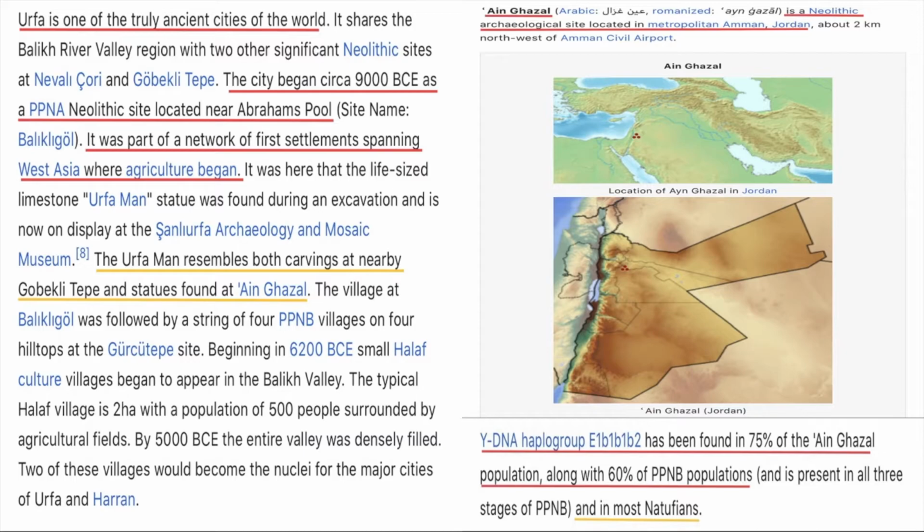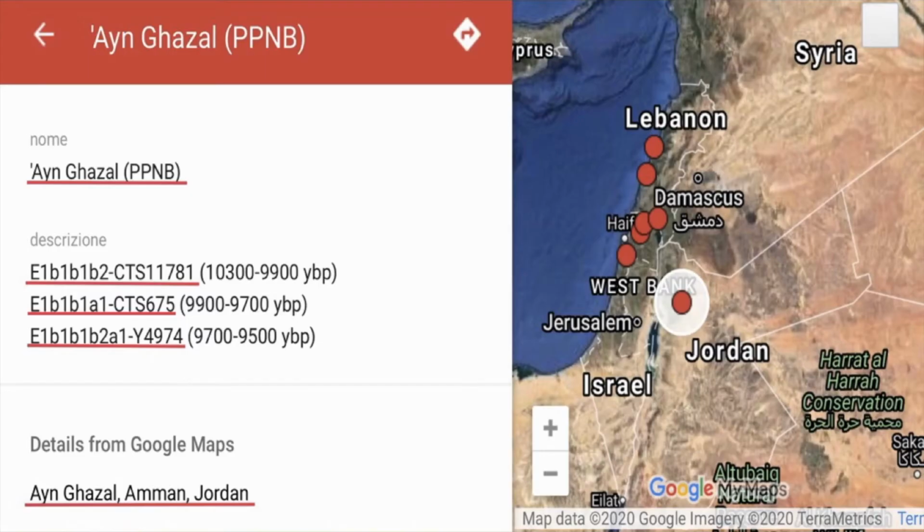So we see this interesting similar culture both in the southern Levant and the northern Levant, and it's likely that they are the same people. So here are the samples and the region of Amman, Jordan, where we find haplogroup E1b1b in the time period of pre-pottery Neolithic.